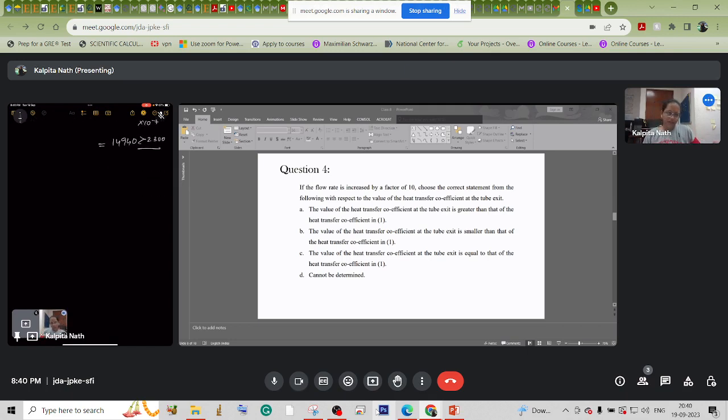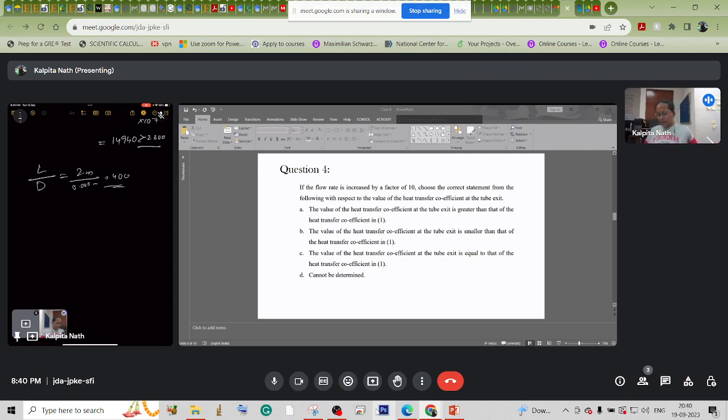What this means is that the flow is turbulent at the exit. Now if the flow is turbulent, L upon D we will calculate, this is 2 meter upon 0.005 meter, that is 400. The turbulent flow at the tube exit will also be fully developed, right?